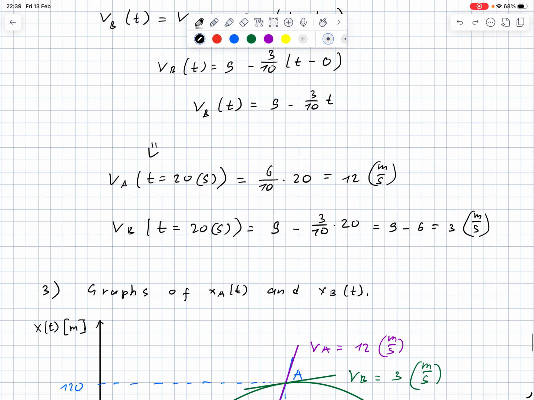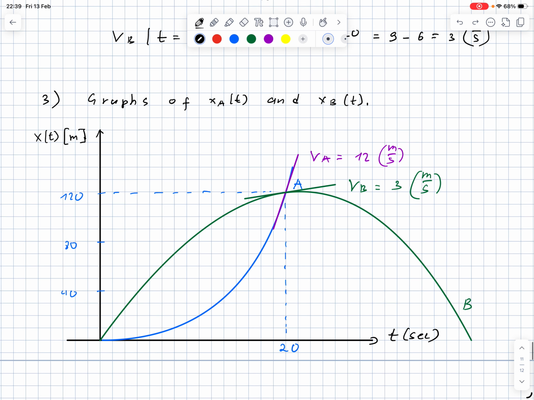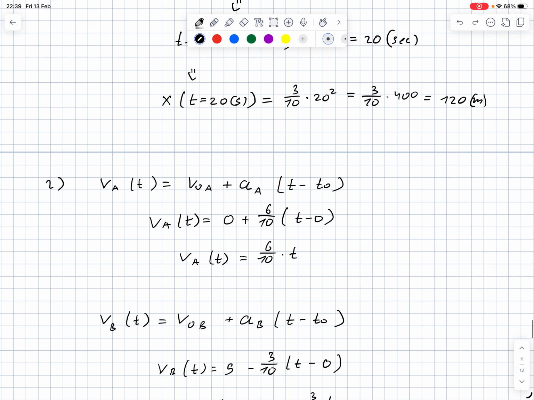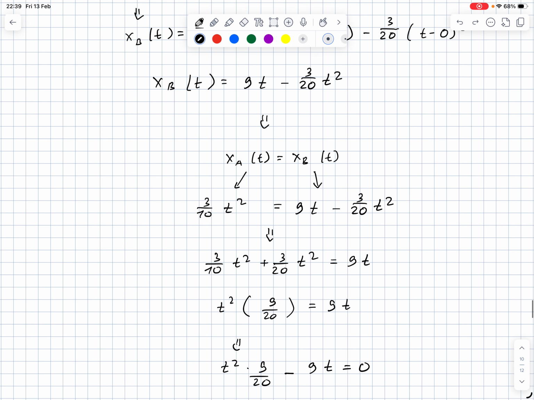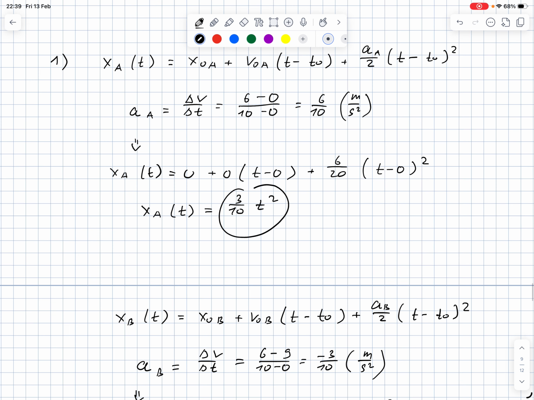The second question we can ask: can you draw the graph of xA of t and xB of t? The blue one is object A, and xA of t is this one, which is a happy parabola.